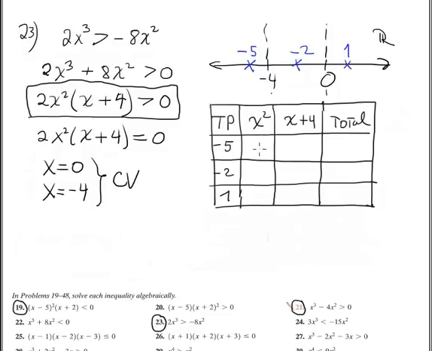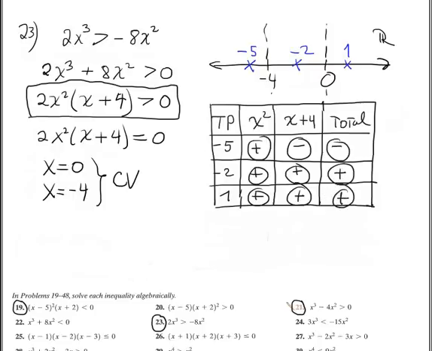Well, this is a square, that's always positive. So this is -5 here, -5 plus 4 is -1, that's negative. And positive times negative is negative. -2 here is positive, because -2 plus 4 is positive too. Positive and positive is positive. And 1 is positive. And positive and positive is positive.